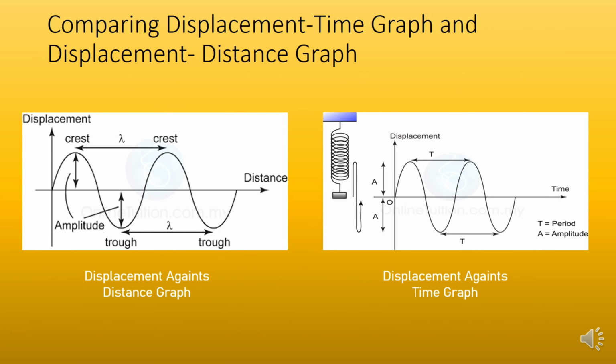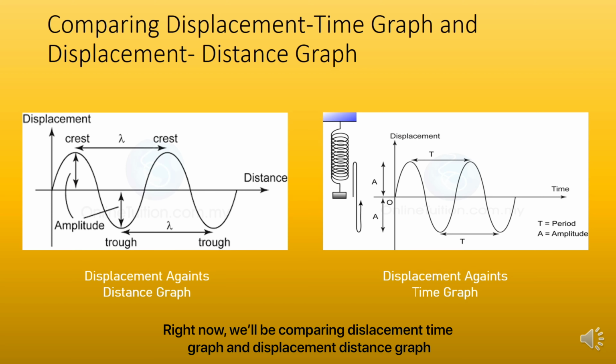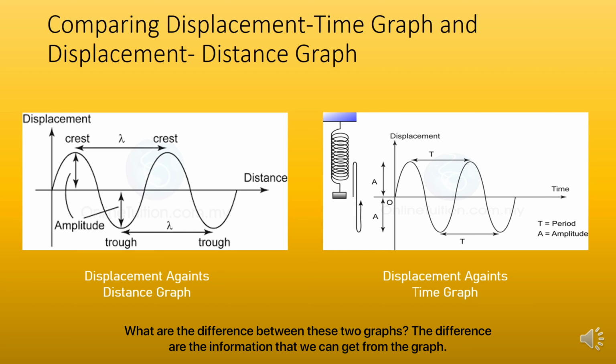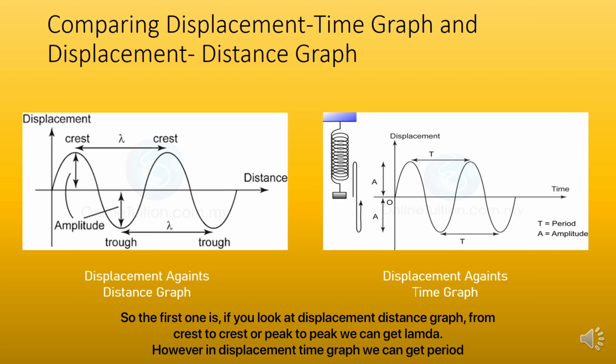So right now we'll be comparing the displacement-time graph and the displacement-distance graph. What are the differences between these two graphs? Basically, the difference is the information that we can get from the graph. If you look at the displacement against distance graph, from crest to crest or peak to peak, we can get lambda.